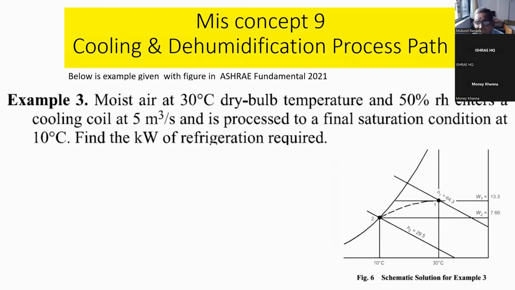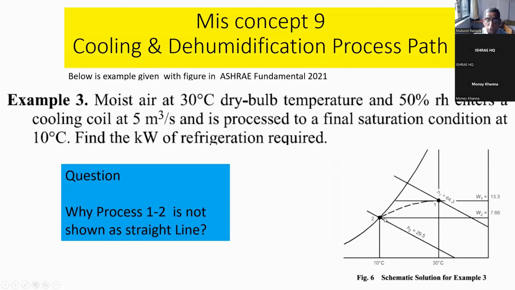Now, the last misconception before the puzzle is the cooling and dehumidification process part. This is the example taken from ISHRAE fundamentals. We are not going into the example, but if we see the cooling and dehumidification process, the line is shown as a dotted line, which is not straight.